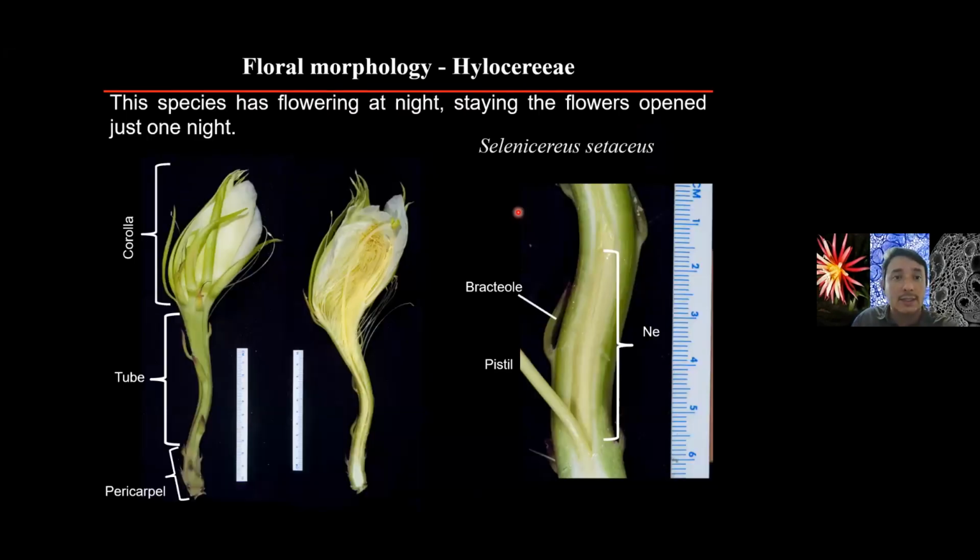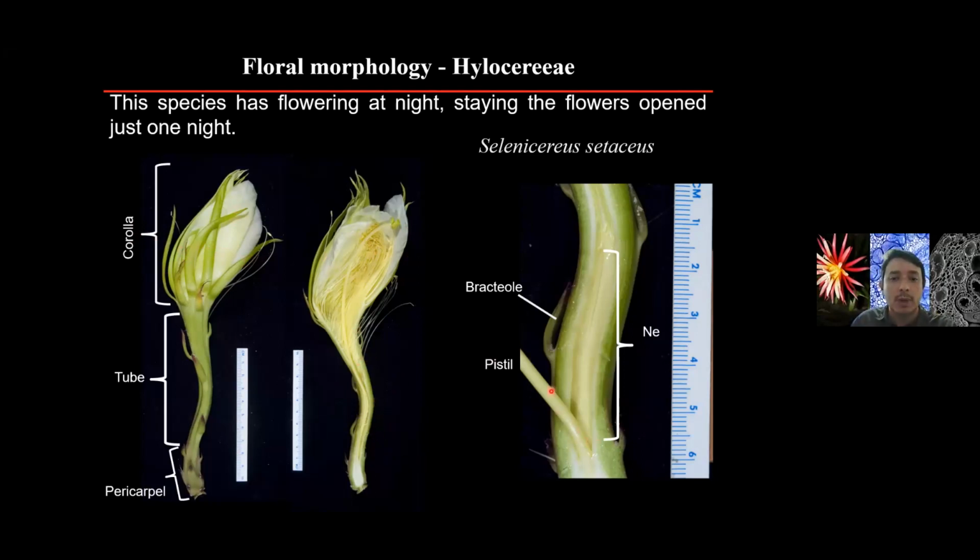Another flower, all flowers are beautiful in these tribes, but this Selenicereus setaceus is quite different when compared to Disocactus. It's a whitish flower, a huge flower, more than 20 centimeters long and more than 20 centimeters in diameter too, and it's still the same pattern.